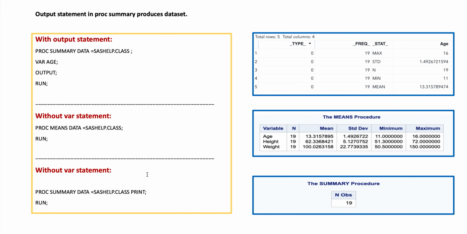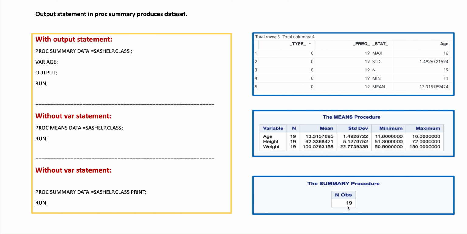But in the case of proc summary without a var statement, when we use proc summary with the print option, it will provide the result for only the number of observations. That means when we run the 5th set of code, it will result as shown in the last table, or third table, on the right side. It produces here only the number of observations.